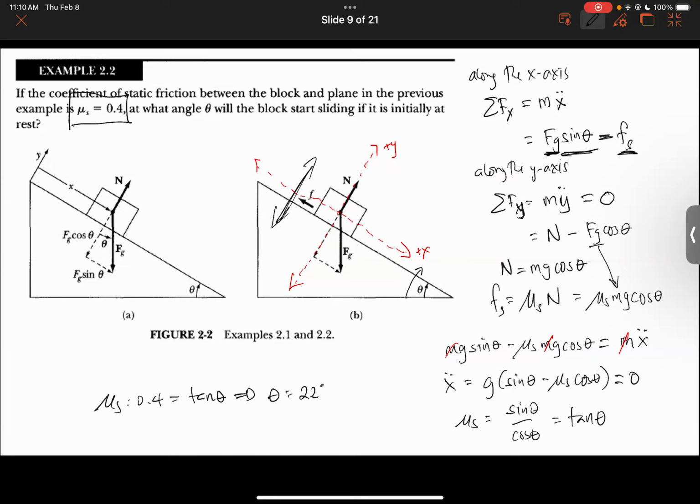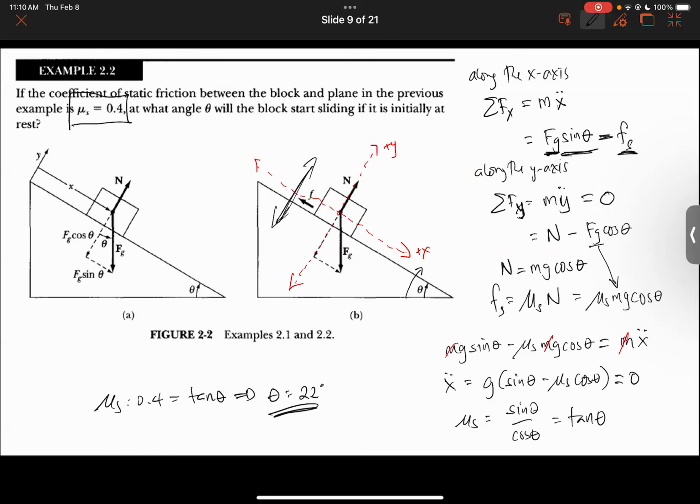Okay, 22 degrees. So this is how we used to do it in Physics 101. It's still medyo straightforward pa ito. Just one more example na medyo similar sa 101.